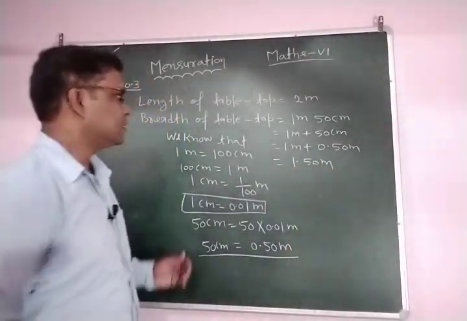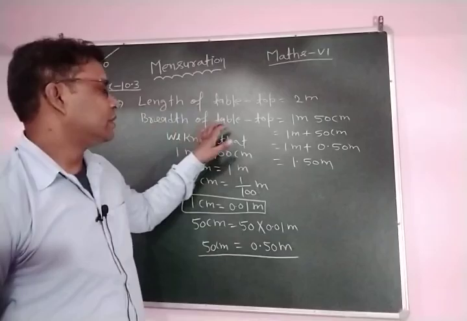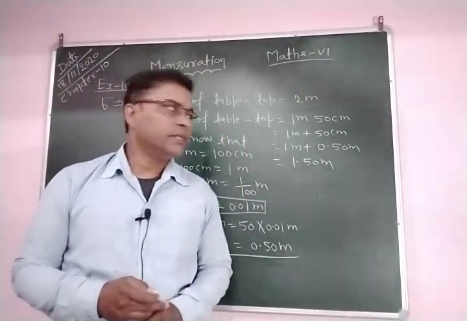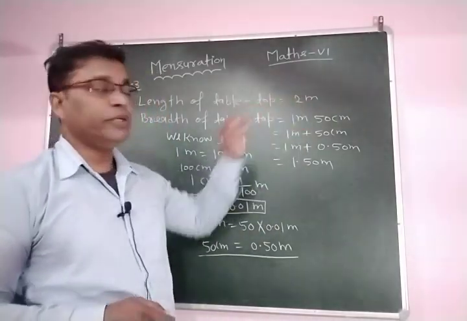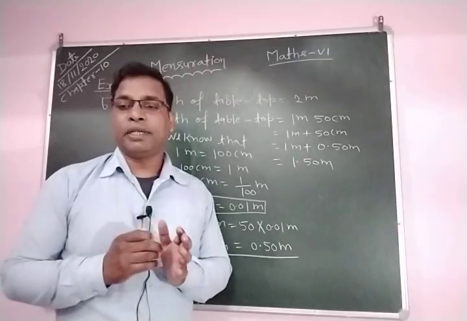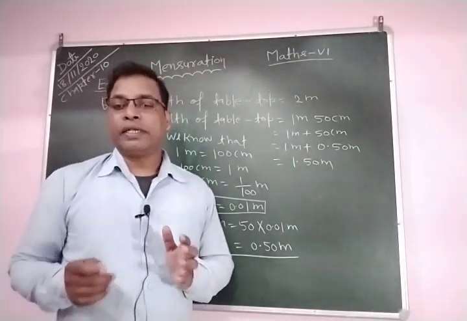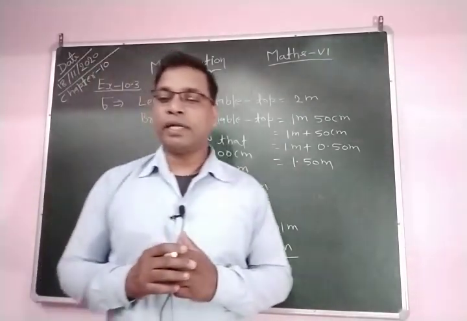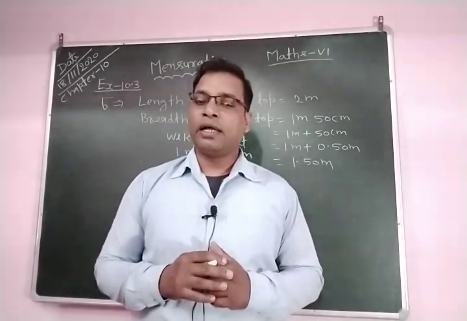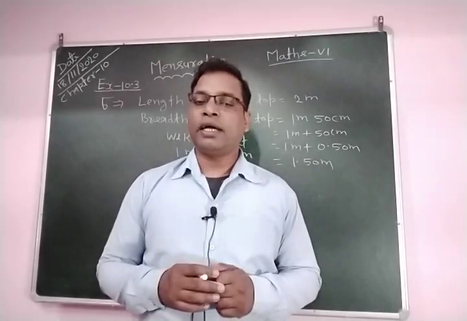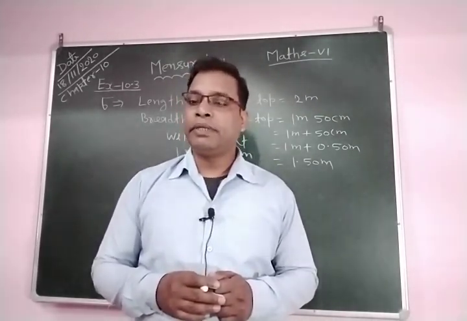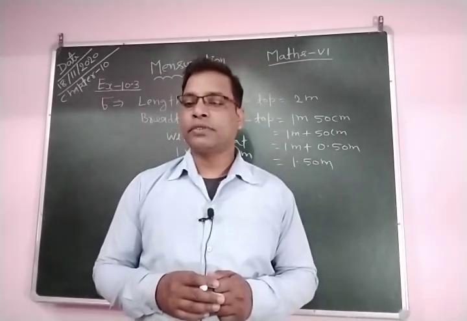So in this way we find that the breadth of the tabletop is 1.50 meters and the length is given as 2 meters. So now we find the area of the tabletop. What is the question asked to us? What is its area in square meters? I repeat the question: a tabletop measures 2 meters by 1 meter 50 centimeters wide.